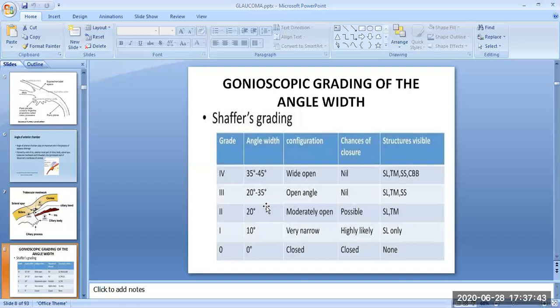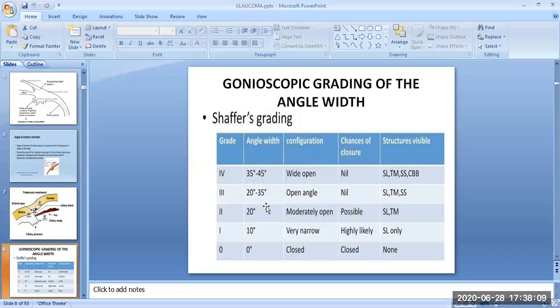So all these structures will be visible. In grade 3, the angle width will be 20 to 35 degrees and the configuration will be open angle, and the chance of closure is nil. The structures visible will be Schwalbe's line, trabecular meshwork, and scleral spur, and the ciliary body band will not be visible.